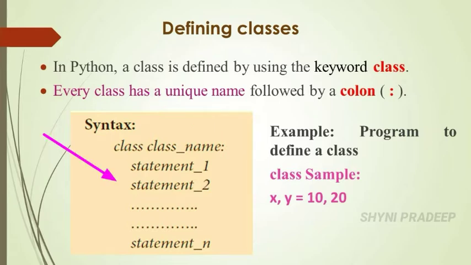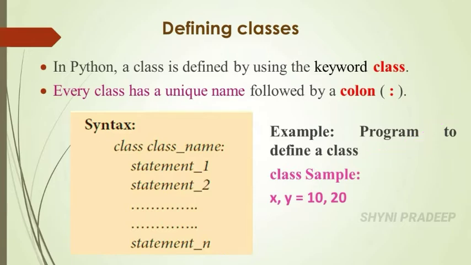Then these are the statements. See this example. Class, that is a keyword. Next, sample. Sample is the class name. After that write the colon symbol. And see the next line, statement: x, y = 10, 20, which means 10 is assigned to the x variable and 20 is assigned to the y variable.